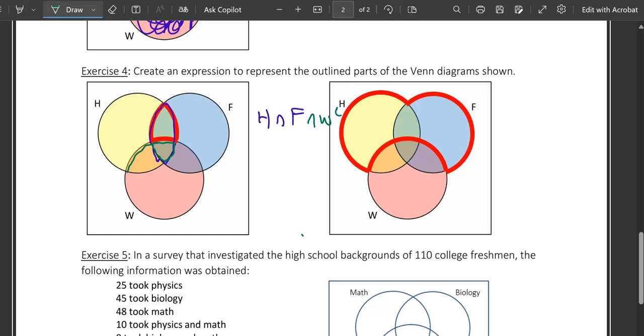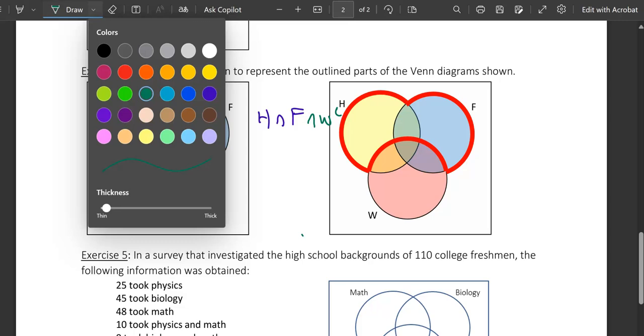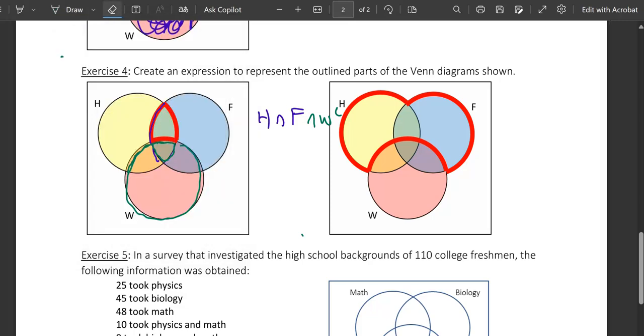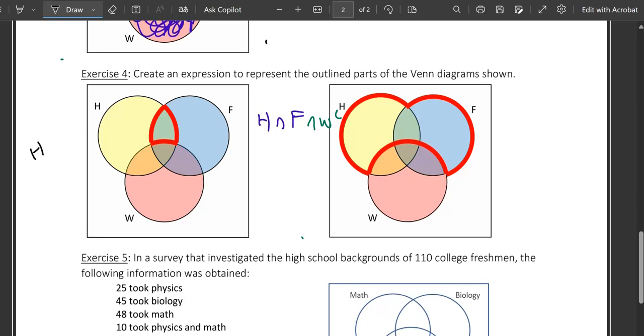That means it can't be in W. It can't be any part of W here. That would throw out this piece right here and give me the stuff in red that's originally marked on this. That will work perfectly fine. So my answer to this one is H intersect F, which is what I saw in blue, but I don't want it to be in the W, so I intersect it with not W, W complement.